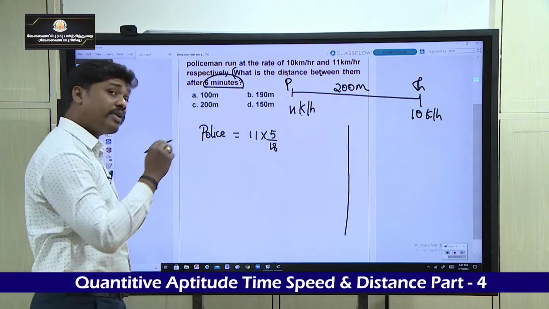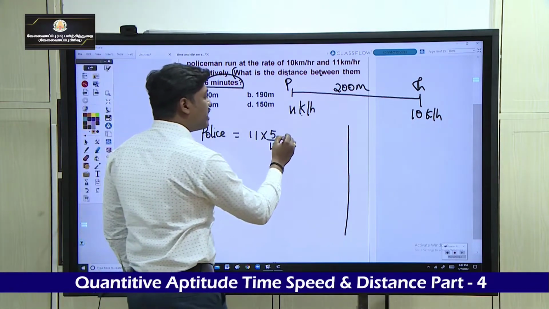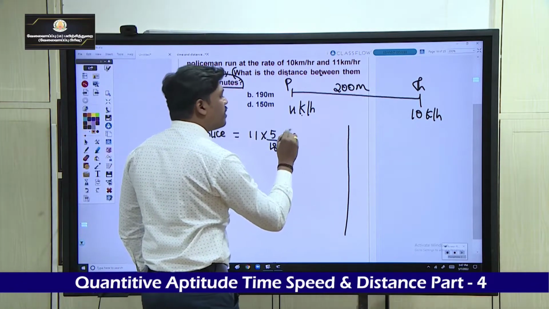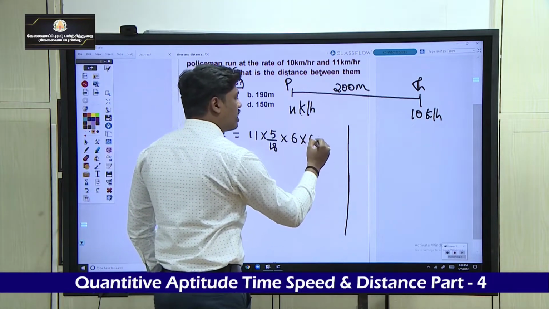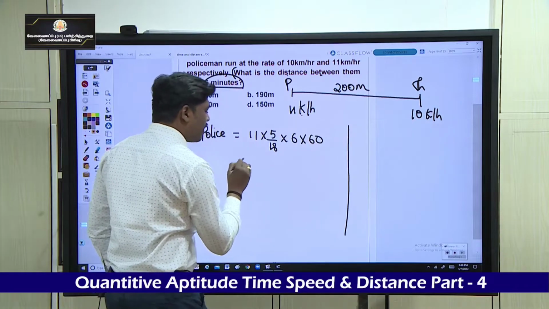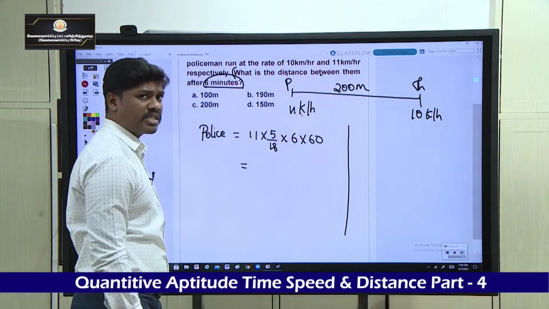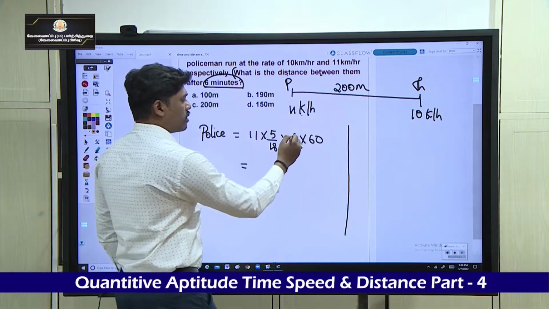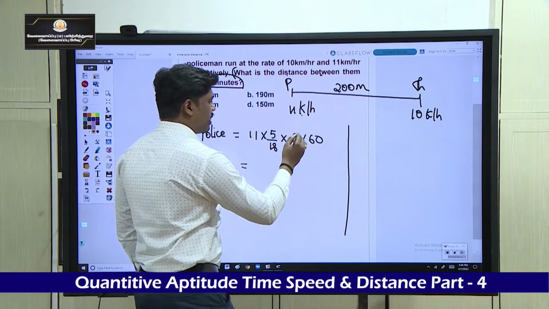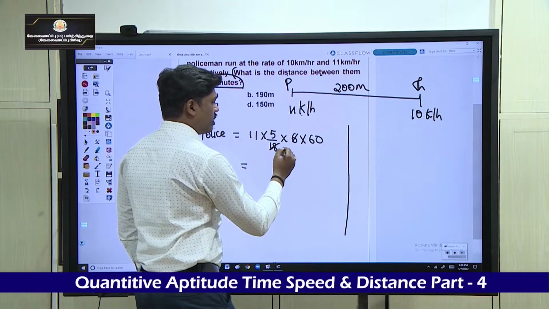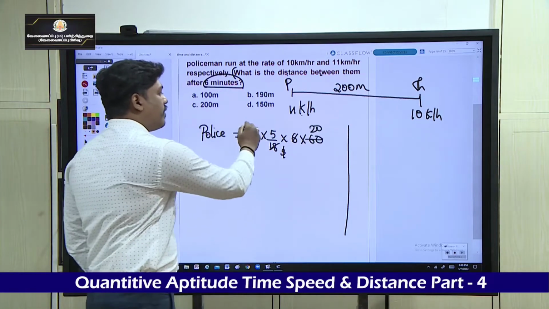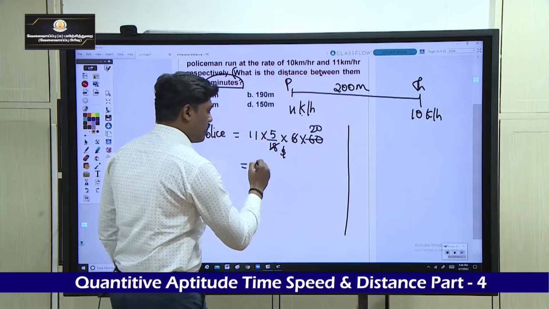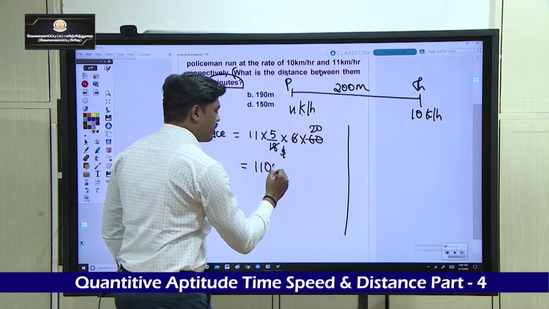They are asking after 6 minutes, so convert 6 minutes into seconds by multiplying by 60. This is the distance travelled by police in 6 minutes. So, 55 into 20, you will be getting 1100 meter.